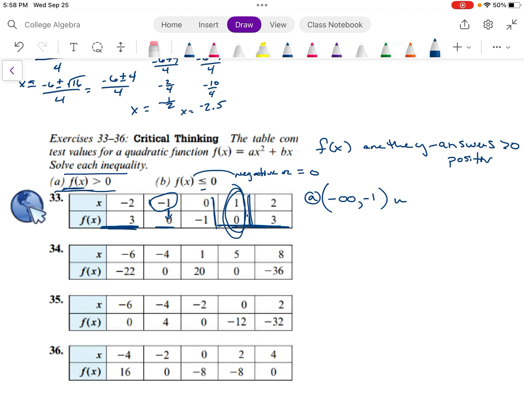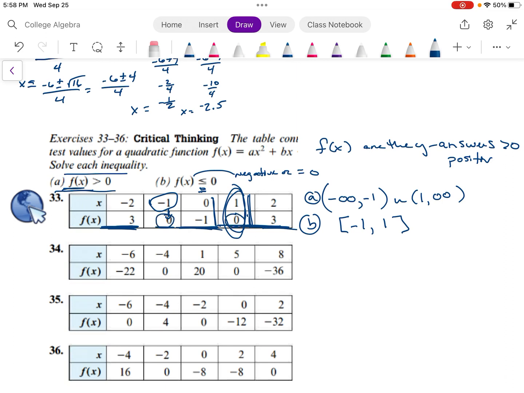This is an x-intercept as well. We would say from 1 to infinity, it's positive again over there. When is it negative? Well, it happens to be negative, and we could say, or equal to. So this is where we get to say negative 1 to 1. That's when I'm negative in between and also equal to 0.